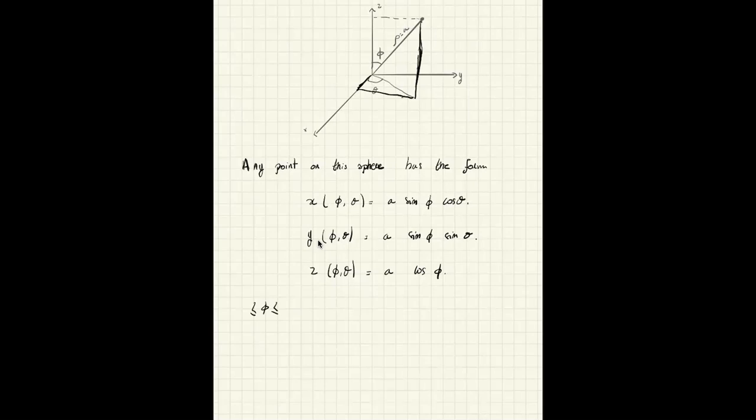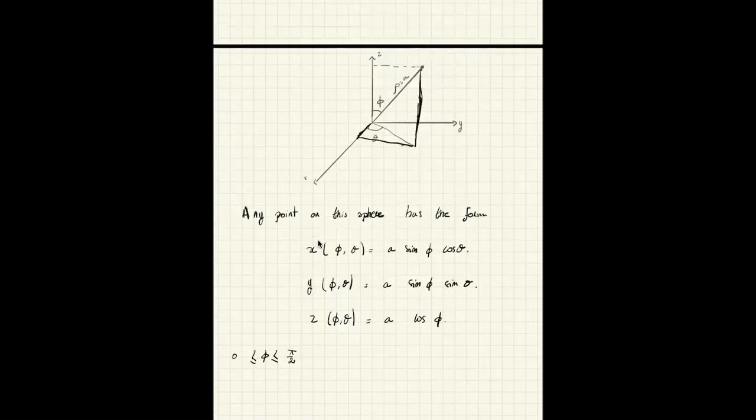If you want to cover all the surface, you move from 0 to pi over 2, right? Because the way you do it is, for each phi, you go around with 2 pi. For each phi, your theta goes from 0 to 2 pi.